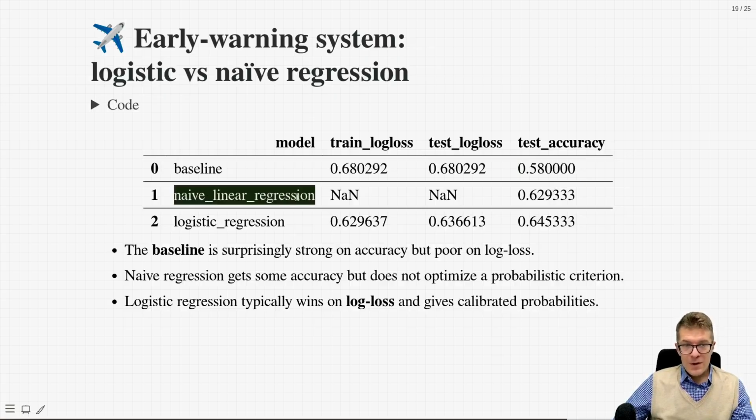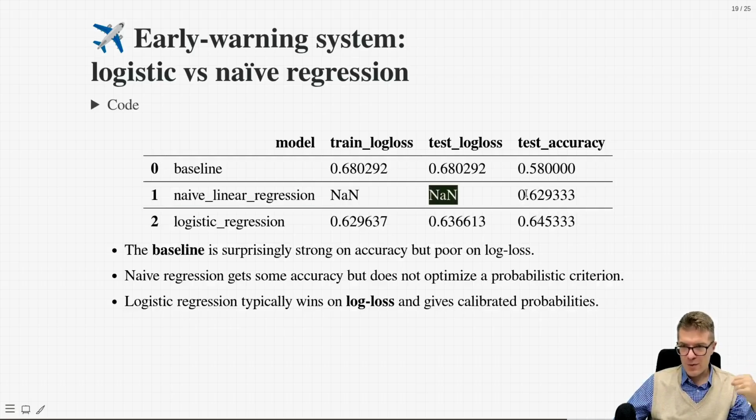The naive linear regression, which we just talked about a moment ago, I'm just going to fit a straight line through all of these data points. We're not going to compute the training log loss because there is no log loss for linear regression. Remember, we're just doing the mean squared error in the linear regression case, so there's no log loss to speak of. But we're still passing its information through our threshold of tau equals 0.5.